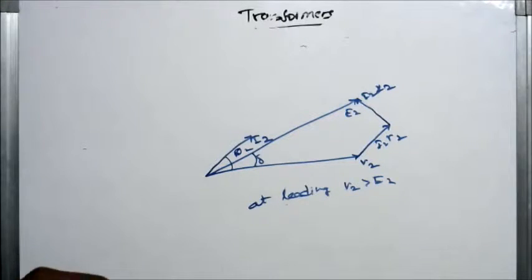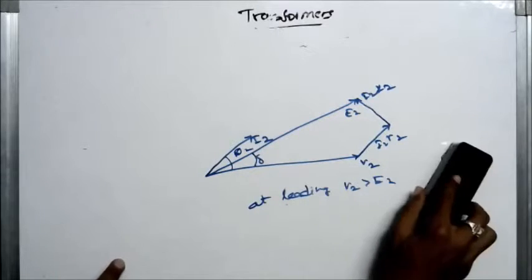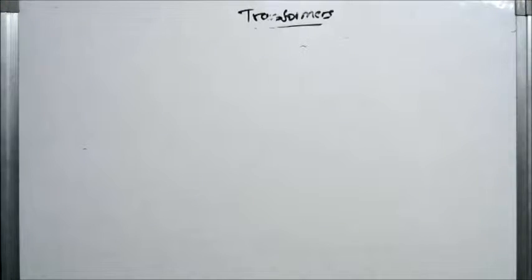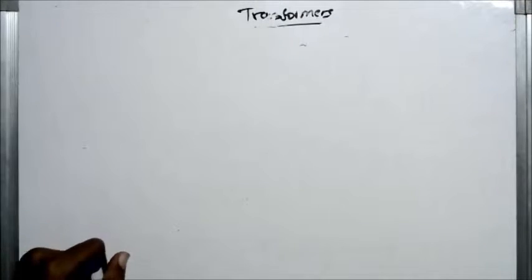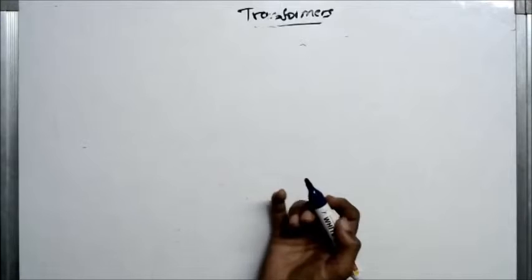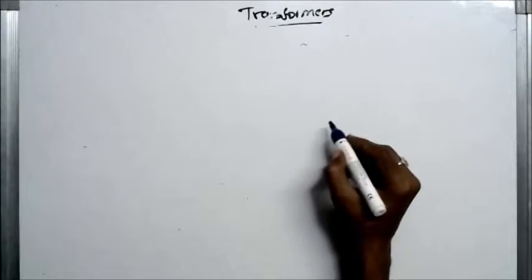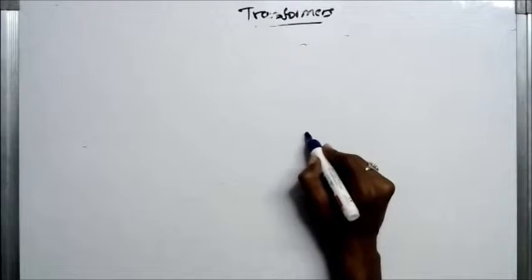Now we will derive the voltage equation for the lagging load and for the leading load. Okay, what is the voltage equation? Now, considering only the lagging phasor diagram at the secondary side, first V2 is taken.